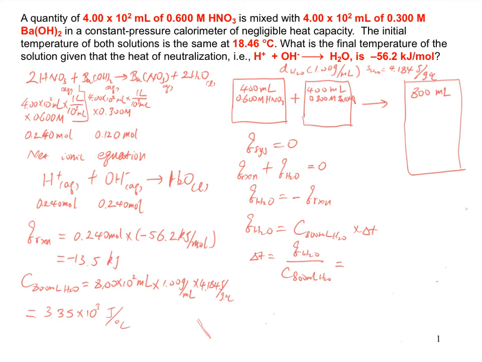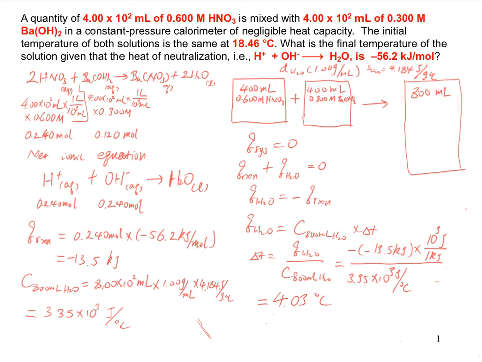We have negative, negative 13.5 kilojoule over 3.35 times 10 to the third joule per Celsius. Then we need to convert kilojoule to joule. For every kilojoule, we have 1000 joule. Then we do the calculation and get the final answer, 4.03 Celsius.